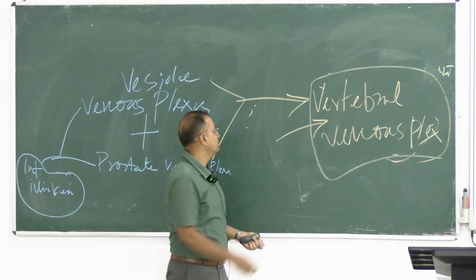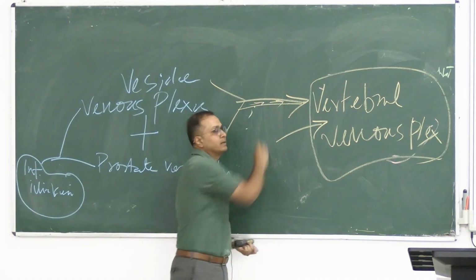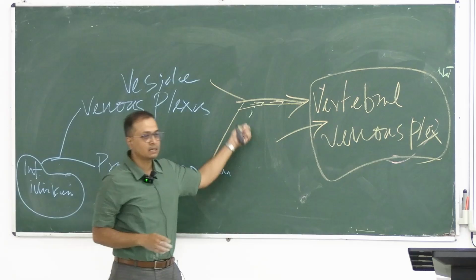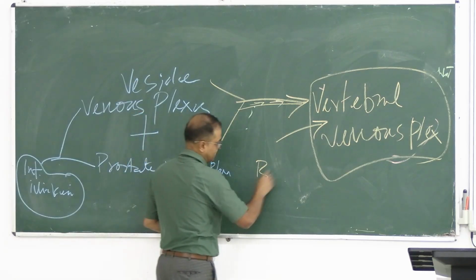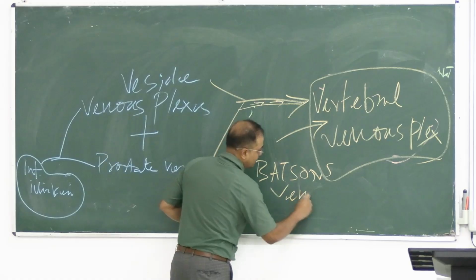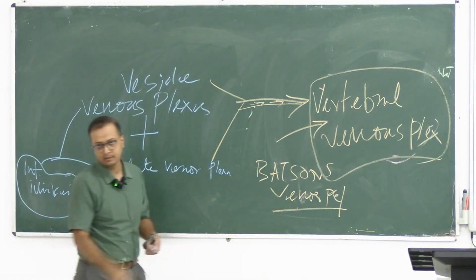Now, what is the special thing about these veins? They do not have any valves in them. So the valveless venous plexus present here we call Batson's venous plexus or Batson's vessels.